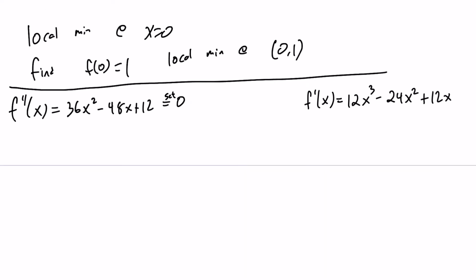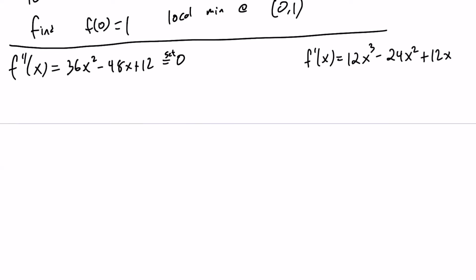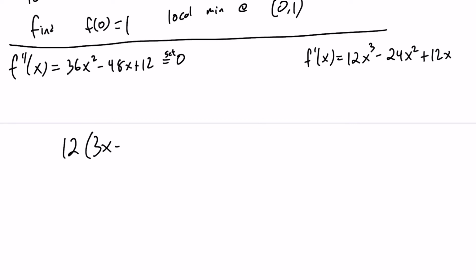And in order to solve this, we're going to factor out stuff that we can. So each of these coefficients, again, is a multiple of 12. So we can factor out a 12. And we get 12 times 3x squared minus 4x plus 1. Does this factor down at all? It does, I think. I think we get 3x minus 1 and x minus 1 equals 0.